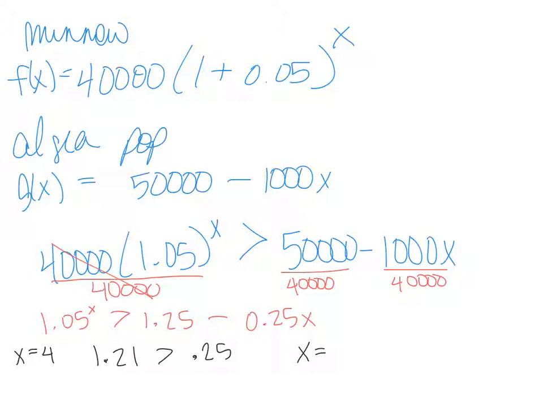I'm going to double check with x equals 3, the 3rd year. Oh, hold on. Calculator error. So 1.05 raised to the 3 power is 1.16. 0.25 times 3, I have 0.5. Looks like x equals 3 is correct too.